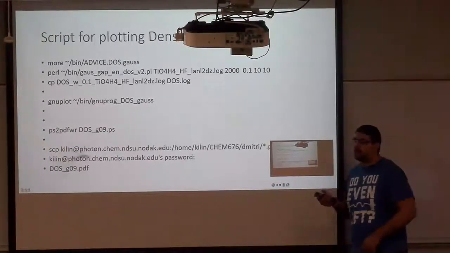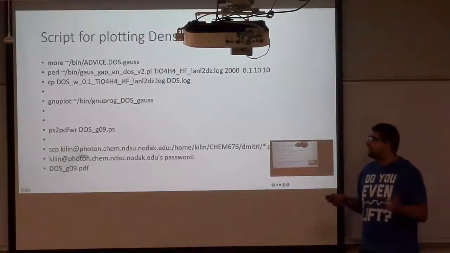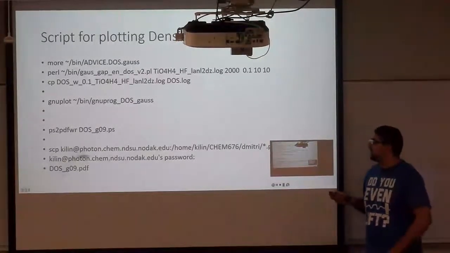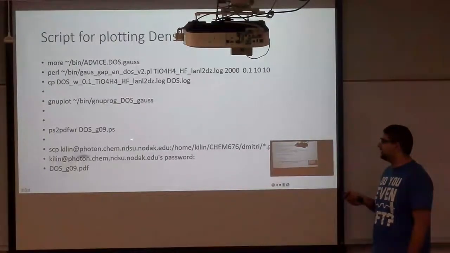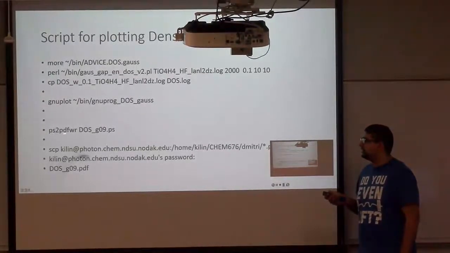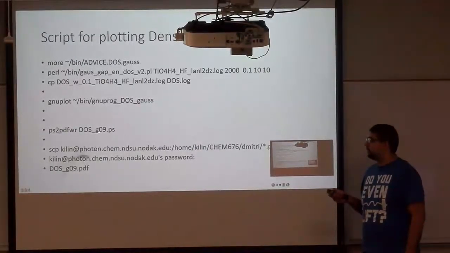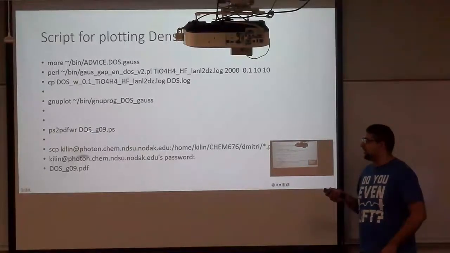In this line, we're actually making the density of states plot. And then this line here is a conversion. We're converting from a PS to a PDF, and we're using this DOS file under that.